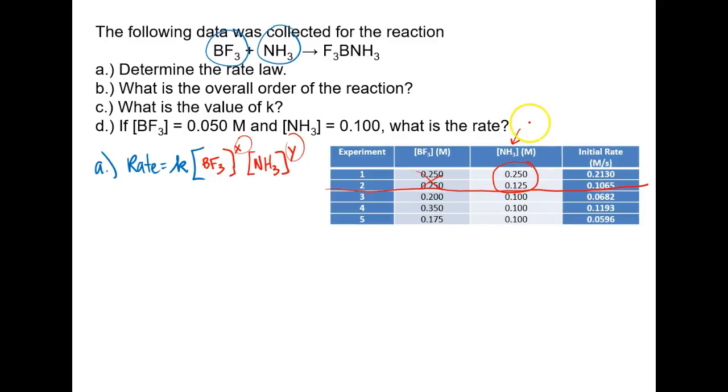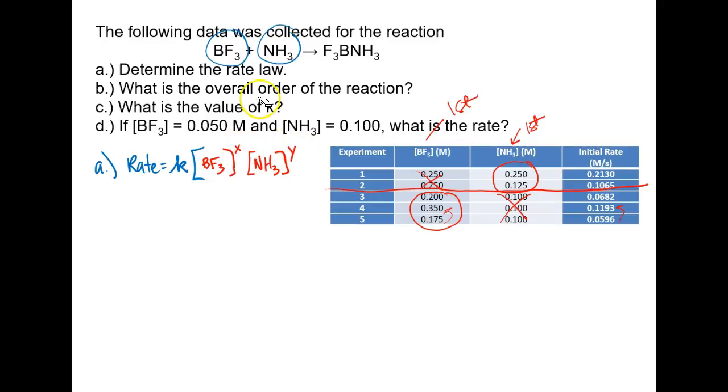So that means NH3 is first order. I would look at trials 3, 4, and 5 to determine the order for BF3, and I'd probably look at 5 compared to 4 and seeing that the concentration doubles and the rate doubles, it is also going to be first order. So x and y would just be 1.